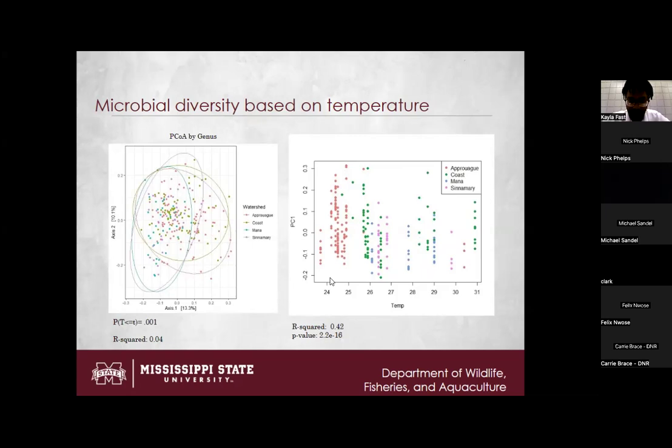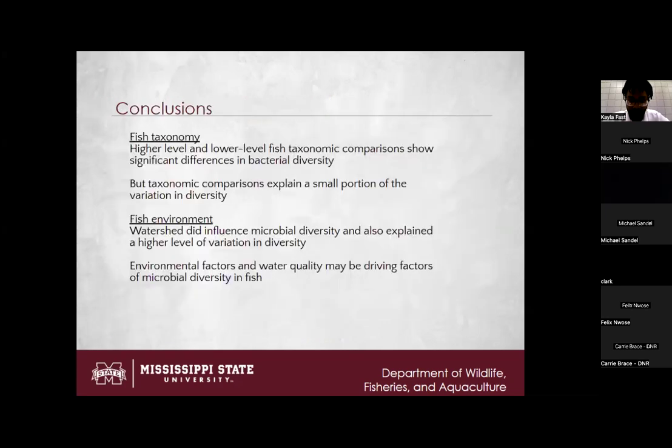So we can see that different water quality measures may be more useful for comparing bacterial community composition. So in conclusion, different levels of fish taxonomic comparisons do show that different fish taxonomic groups have different bacterial diversity, but they don't fully explain why the bacterial diversities are different.